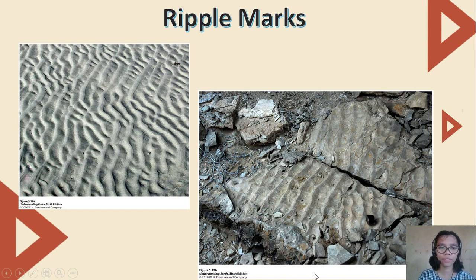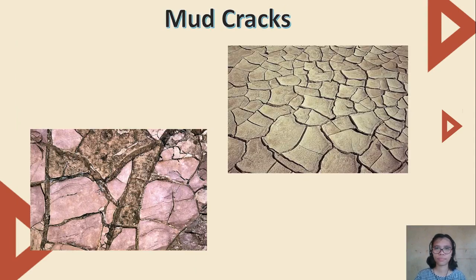Next, we have the ripple marks. So small ridges form in the surface of a sediment layer by moving wind or water. Next, mud cracks.